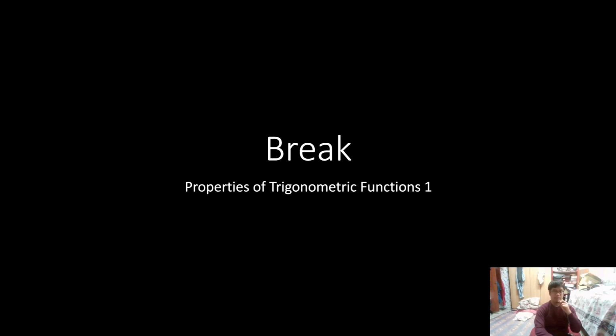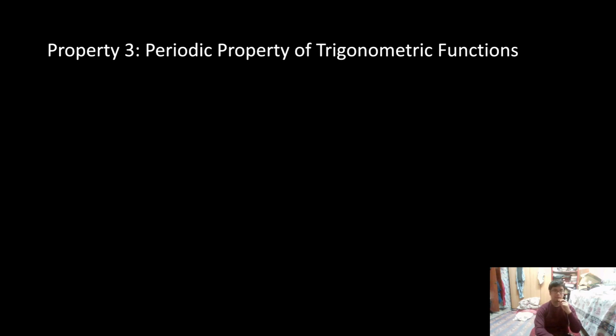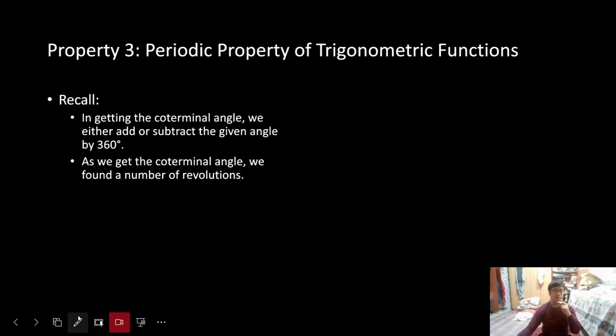So the property that we're going to discuss today is what we call the periodic property of trigonometric functions. Let's have a short recall about getting the coterminal angle. Remember that in getting the coterminal angle, we either add or subtract 360 degrees to the given angle. For example, in a whole revolution, we always start at 0 degrees.